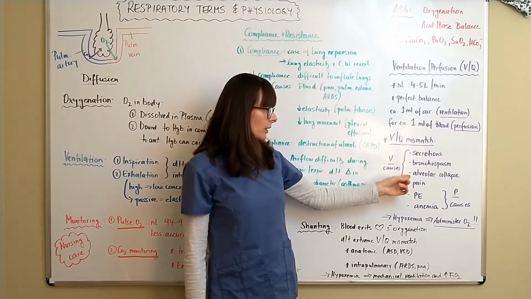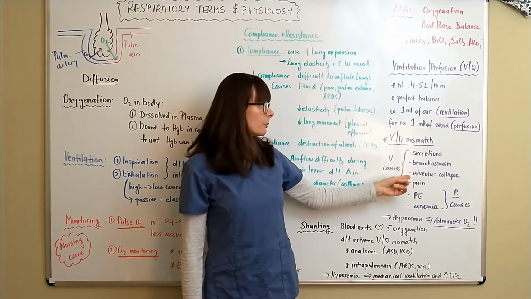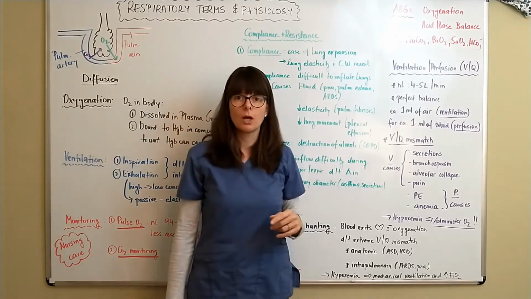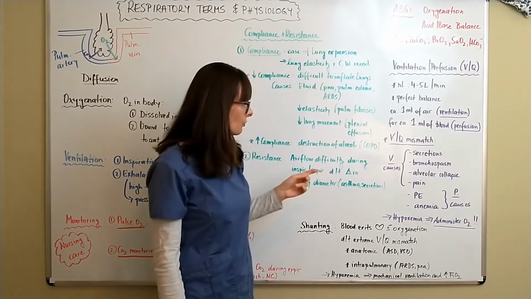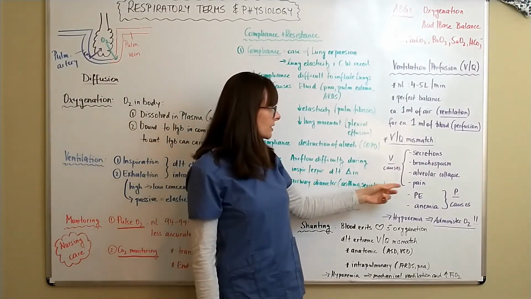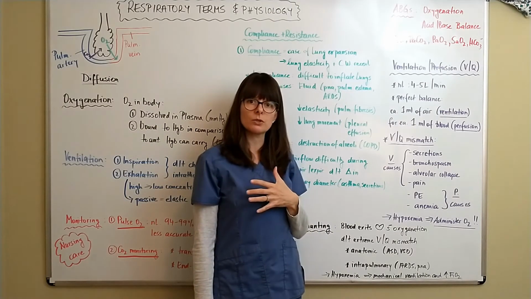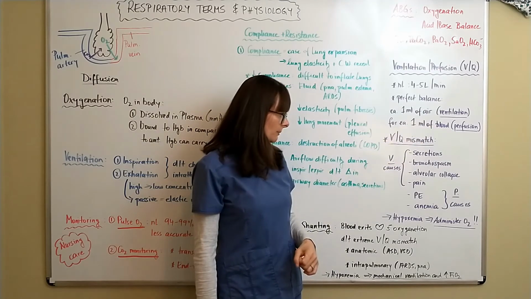If there is alveolar collapse, such as an atelectasis, it can cause problems with ventilation because now these alveoli are not able to perform the oxygenation by the principle of diffusion over here. And then also if there's pain, right? If there's pain in the chest cavity, patient tends to not want to take a very deep breath, and so that can be a problem with ventilation.